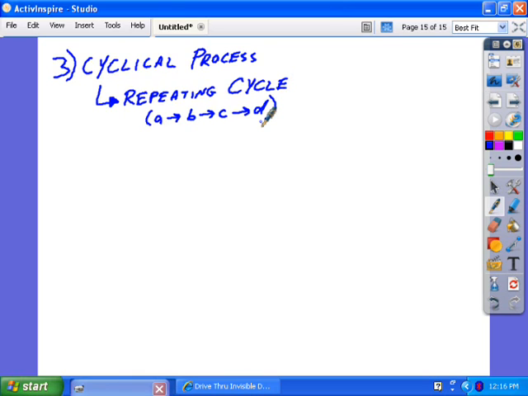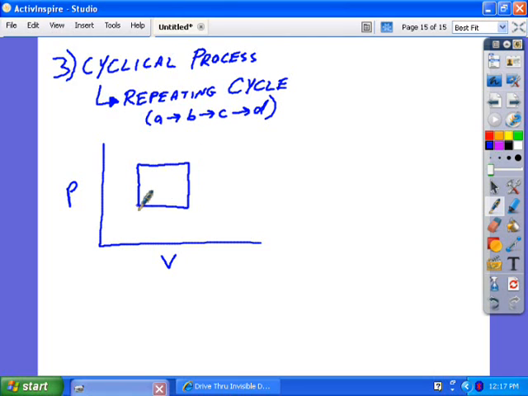Right? Now, what I'm going to do here, I'm going to draw up once again a PV diagram, but I'm going to draw up a cyclical process. Right? I'm doing isobaric and isometric situation here. All right?